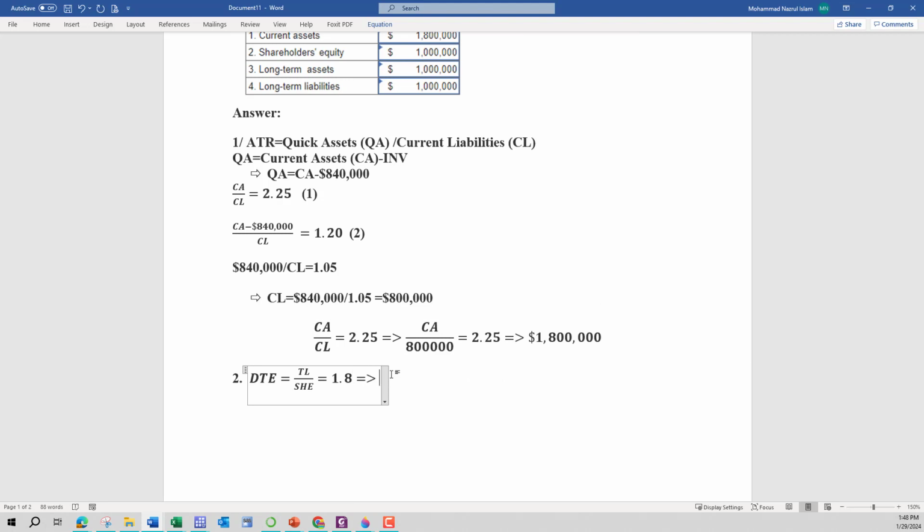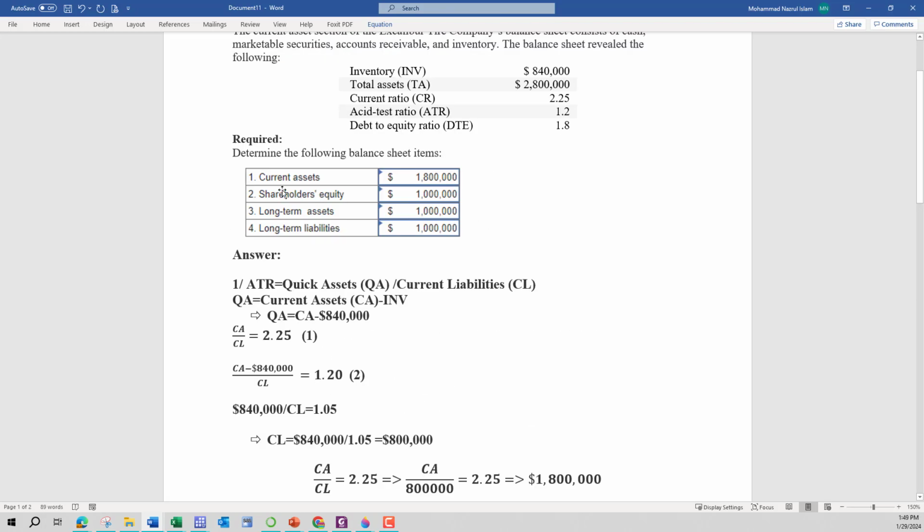Now we know that total liabilities plus shareholders' equity is equal to total assets.